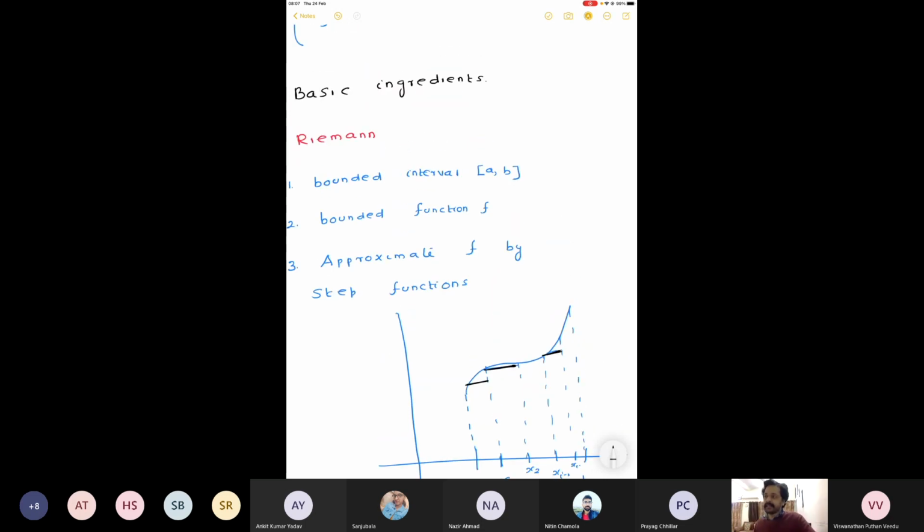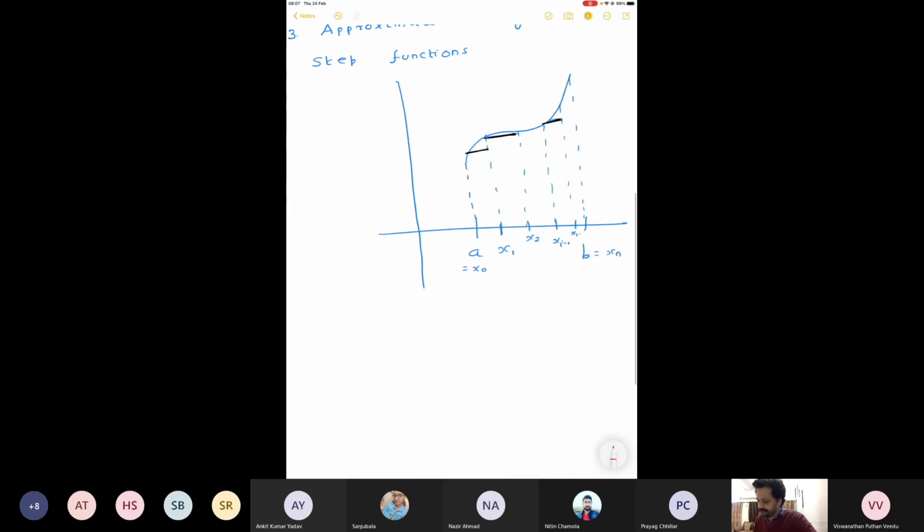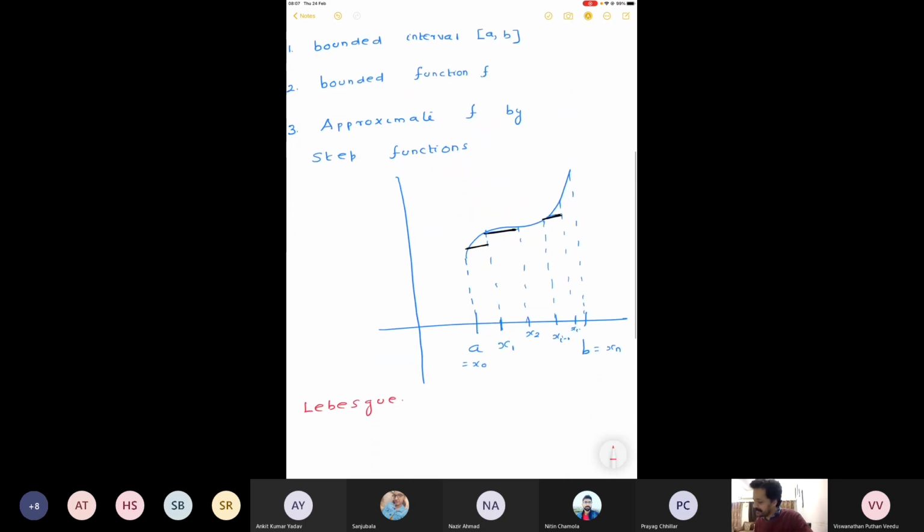In Lebesgue integration that we are going to discuss in detail, the basic ingredients are as follows. This is what I mentioned at the end of the last lecture.